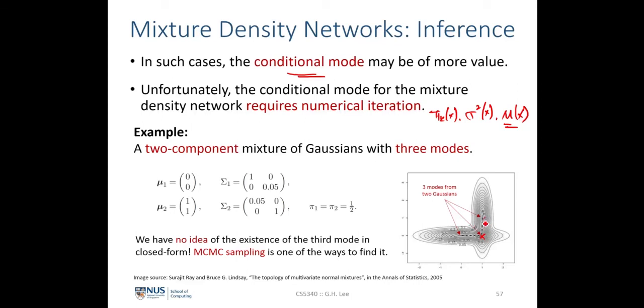To find all these modes is not trivial. We would have to do MCMC sampling from this target distribution, or we do a form of numerical iteration starting from any point here, and we'll get to the maximum by using a gradient ascent algorithm. So this is computationally expensive.